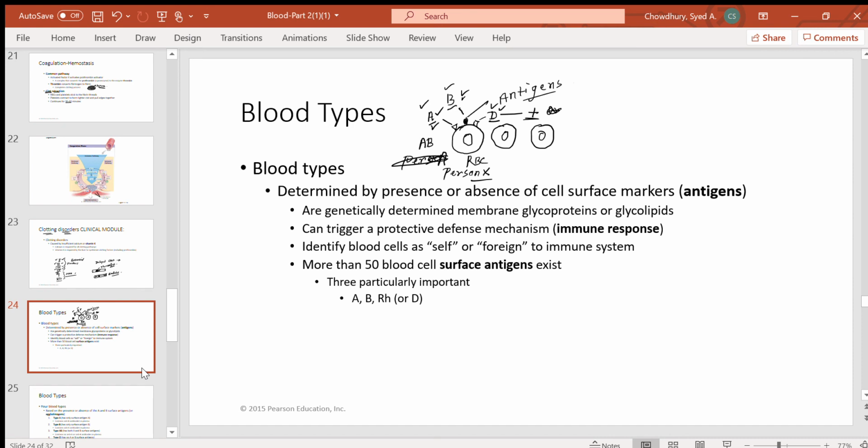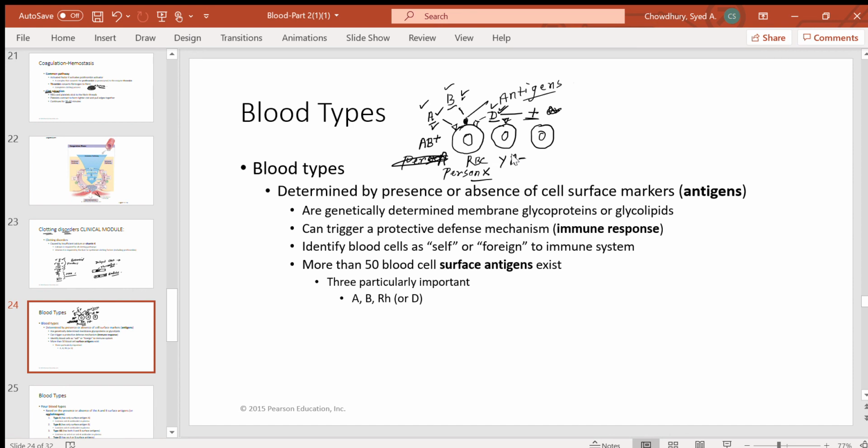Makes sense? AB positive, because of D it is positive. Now this is person Y. On his red blood cell surface you have only this one, no others, no B, no D. So his blood type will be what? This is A antigen, so only A, so blood type is A. No B, so it's not B. No D, so negative, A negative.